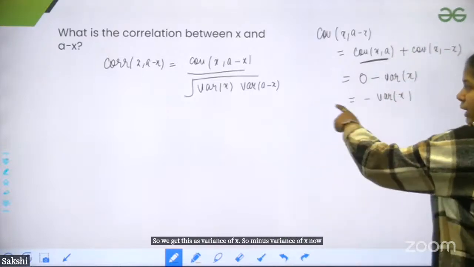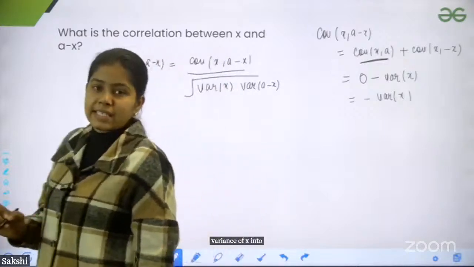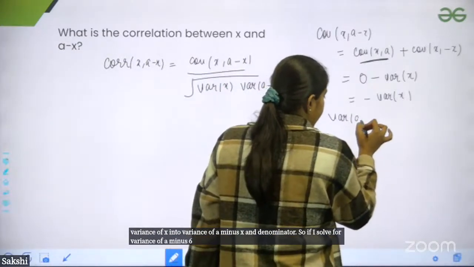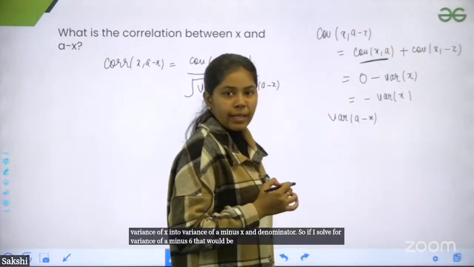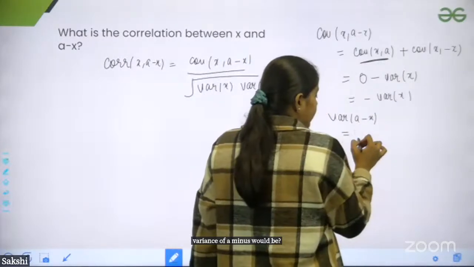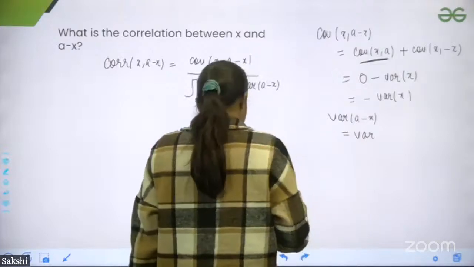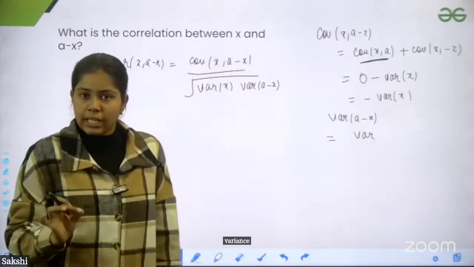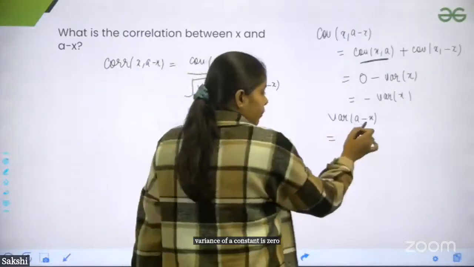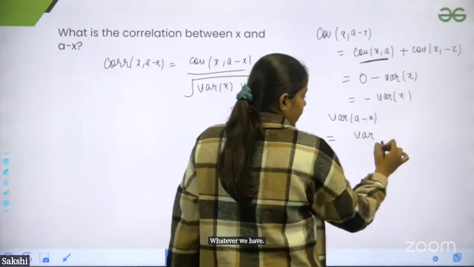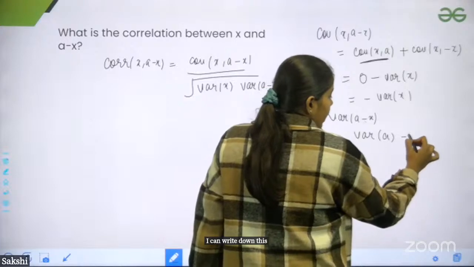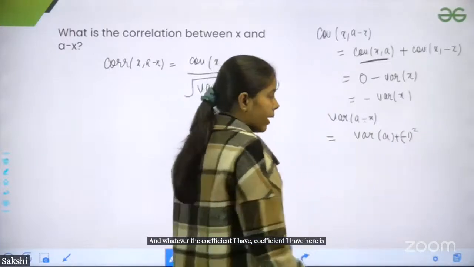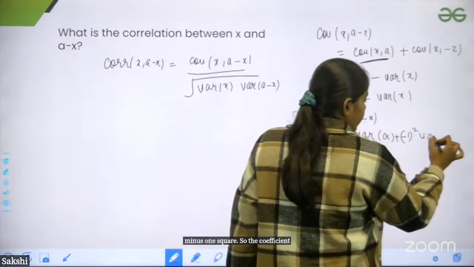Now variance of x into variance of a minus x in the denominator. So if I solve for variance of a minus x, what would it be? If you guys remember the variance property, the variance of a constant is zero. So variance of a is zero, and whatever coefficient I have here, minus one, gets squared, times variance of x.